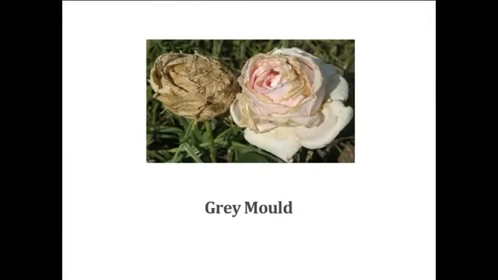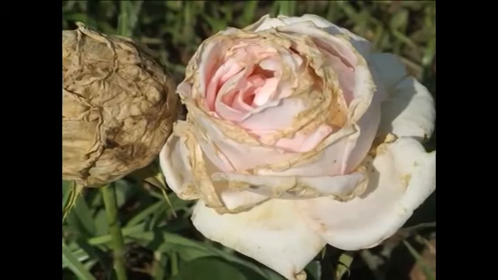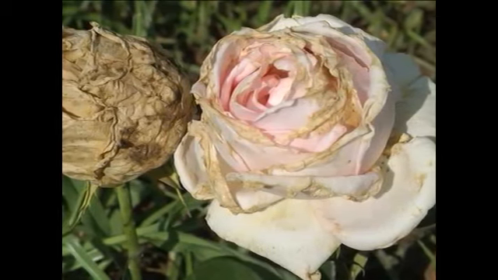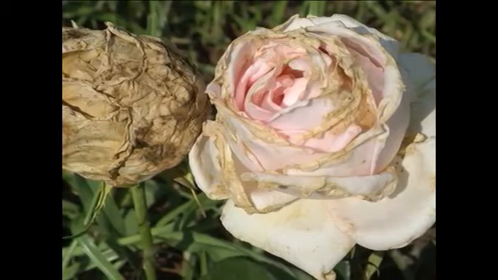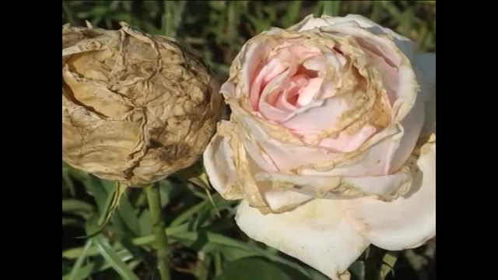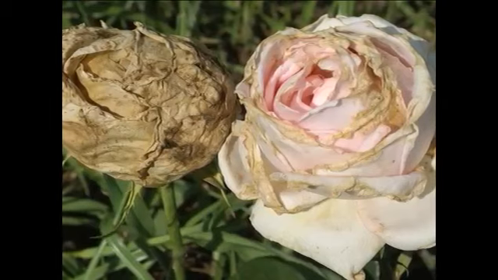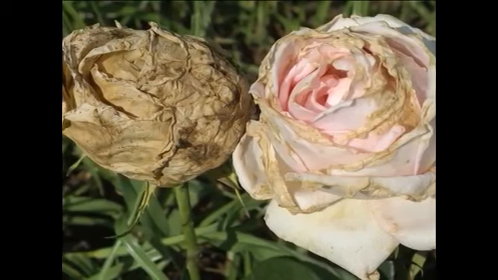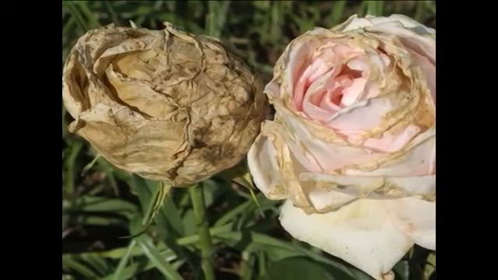Next important disease is the grey mold. The pathogen appears on infected parts covered with grey to greyish-brown mycelial growth, which often sporulates profusely and spreads fast, coinciding with the period of senescence.